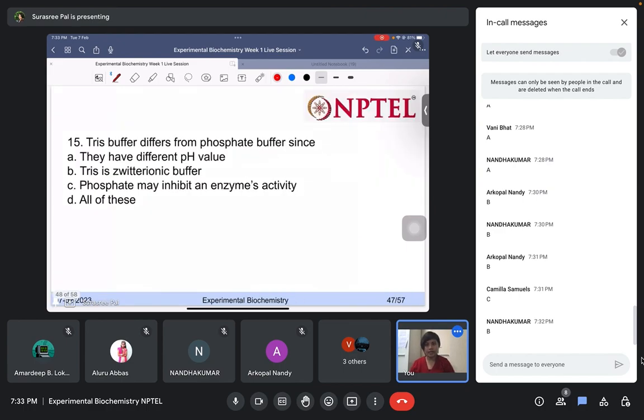Okay, next question. What is the difference between tris buffer and phosphate buffer?